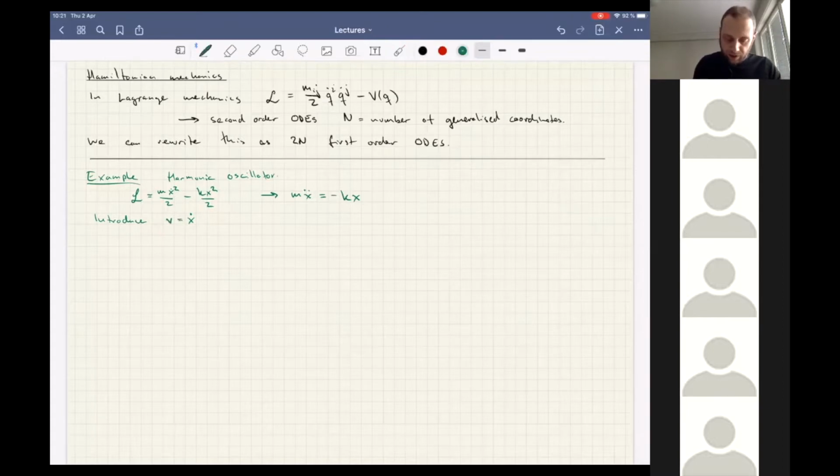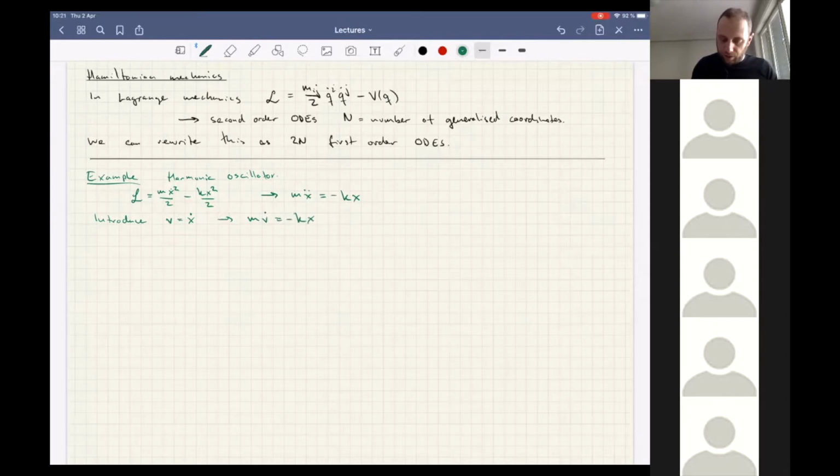And taking the time derivative of the definition and inserting it here, we can write the second differential equation, which says that m, and if I take the second derivative here, I get that v dot is equal to x double dot. So what I will have is m v dot equal to minus kx.